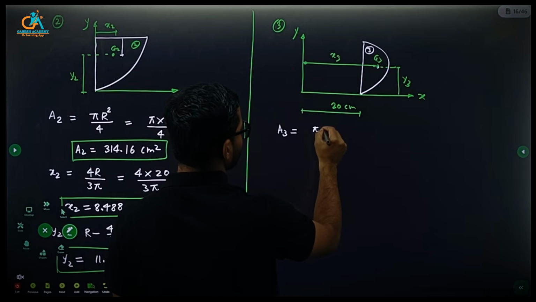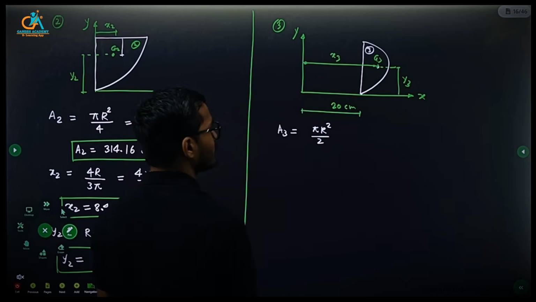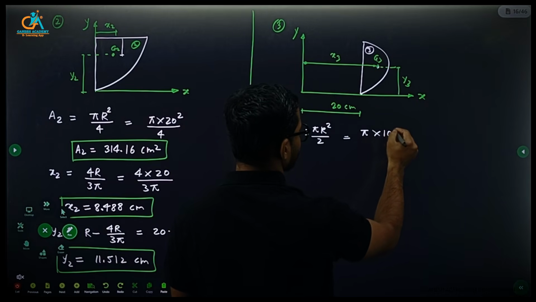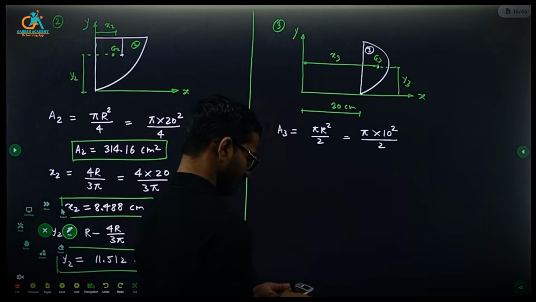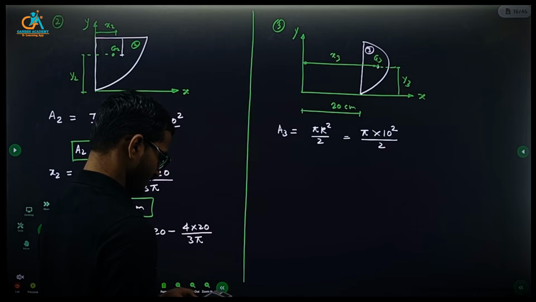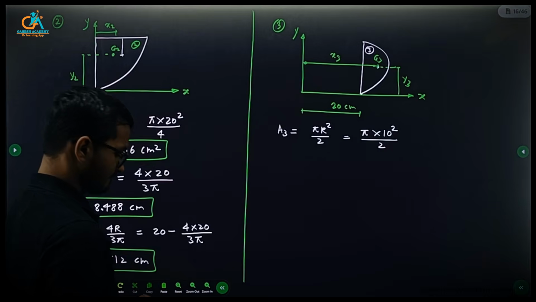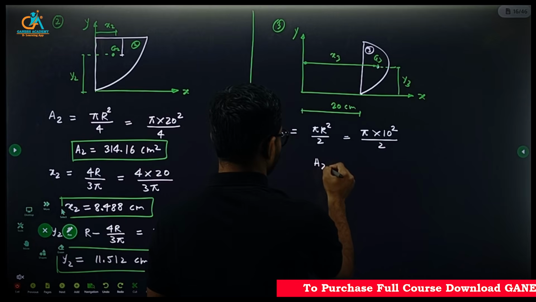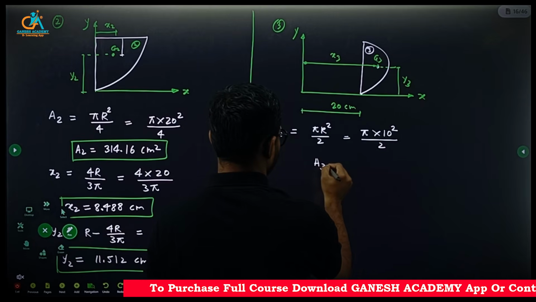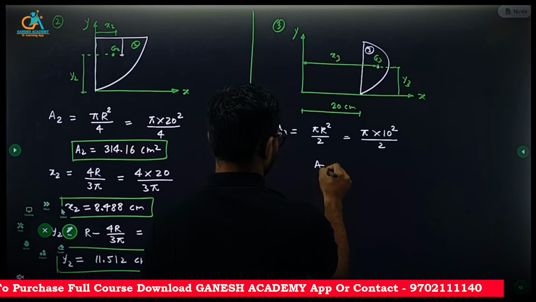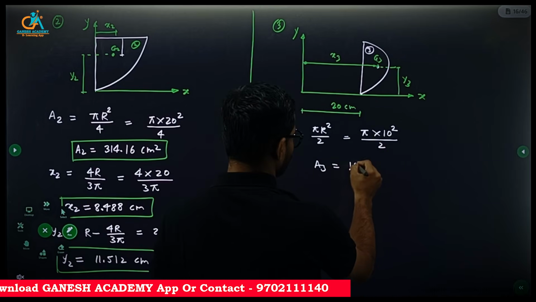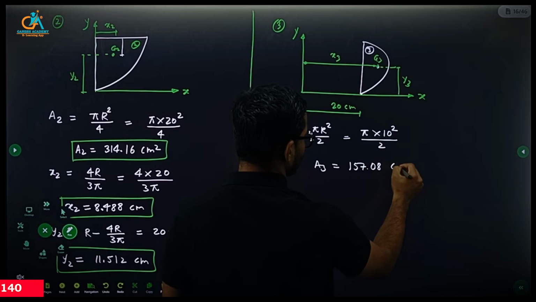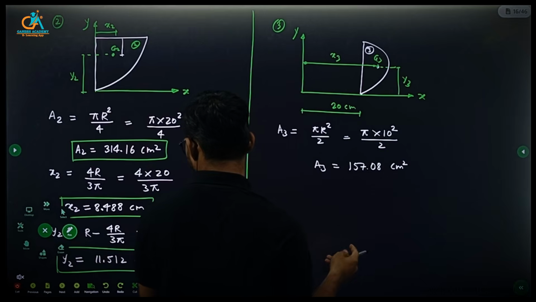Area of a semicircle is pi r square by 2, radius is 10. That is 157.08 centimeter square.